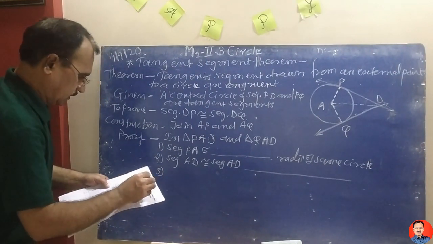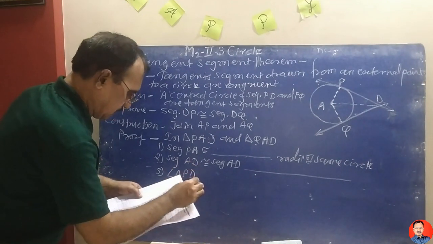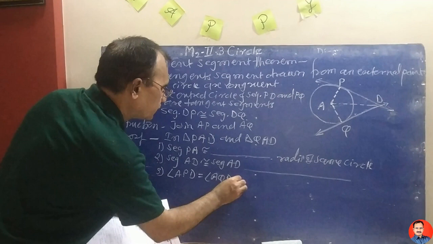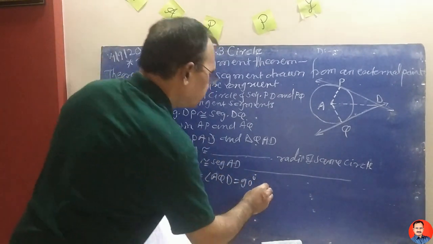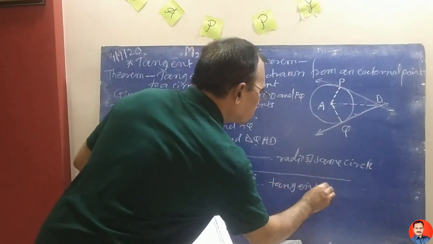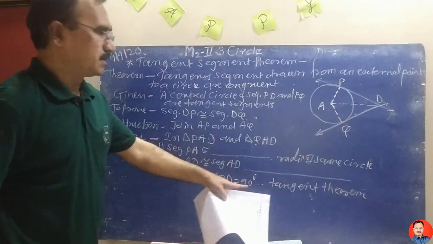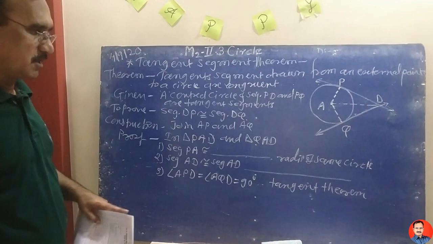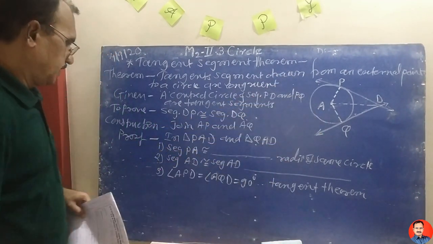Then the third one, angle APD is equal to angle AQD is equal to 90, tangent theorem. This is the reason from the theorem on page number 51. The tangent theorem is the theorem on page number 51, which I have seen already.